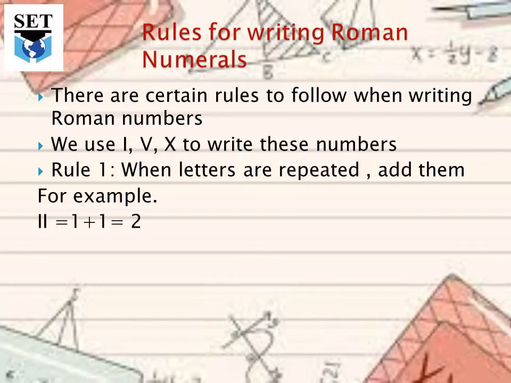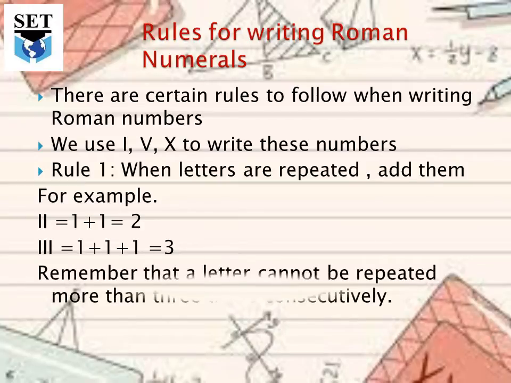For example, II equals 1 plus 1 equals 2. III equals 1 plus 1 plus 1 equals 3. Remember that a letter cannot be repeated more than 3 times consecutively.